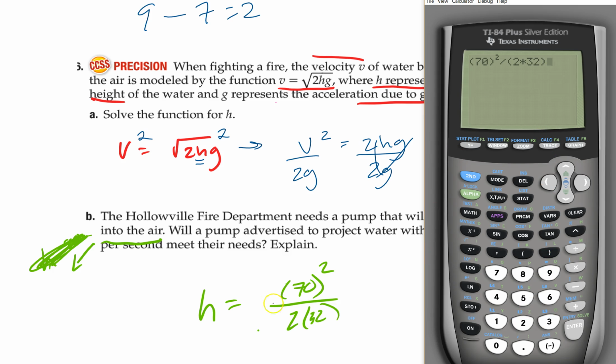If you just put it the way I wrote it here, your calculator's only going to do 70 divided by 2, and not the other way around. Like if I did this, and I was just like, oh, divide by 2 times 32. The calculator thinks that you're doing this first, and then you're multiplying by 32. So it will not give the right answer. Way too big. Right, so do it correctly.